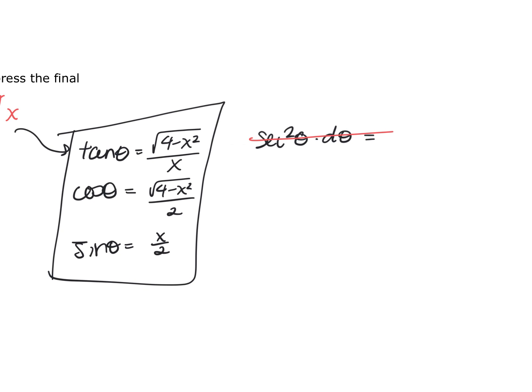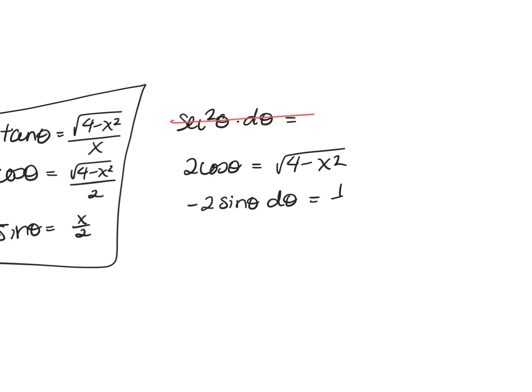Now, if I take the cosine and multiply both sides by 2, I'm going to get 2 cosine theta is equal to the square root of 4 minus x squared. If I take the derivative of both sides, I'm going to get negative 2 sine of theta d theta. And the derivative of the other side is going to give me 1/2 times 4 minus x squared raised to the negative 1/2 dx. I'm not liking that one either.